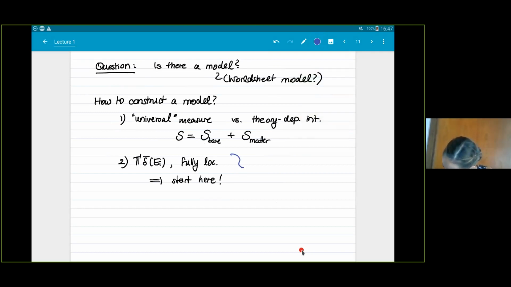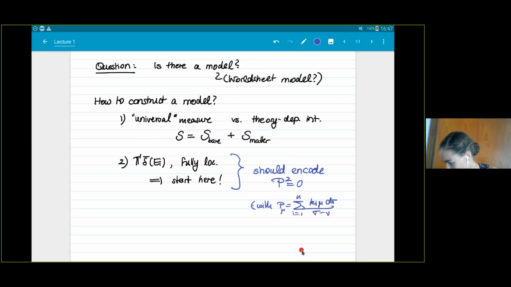And now we can summarize them and know that it should encode P squared equals 0, and hopefully at some point with P^mu the sum from i equals 1 to n of k_i^mu d sigma over sigma minus sigma_i.